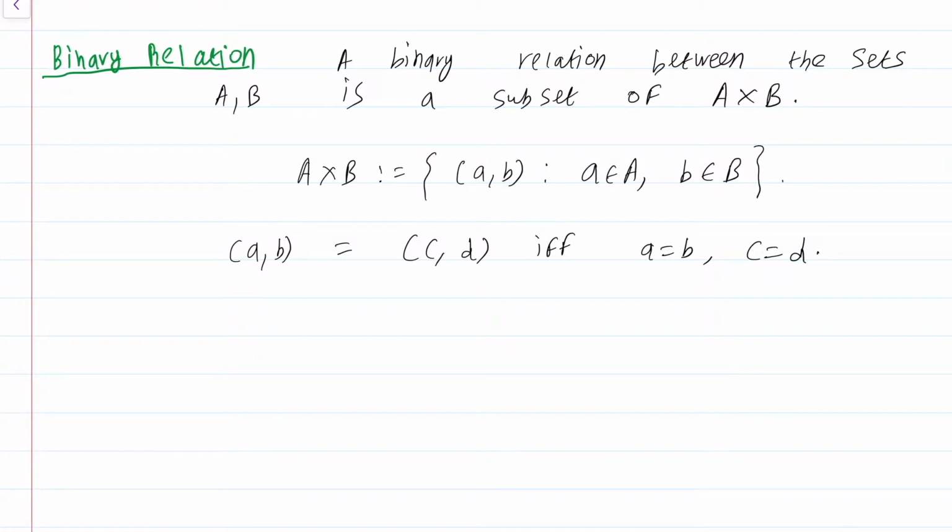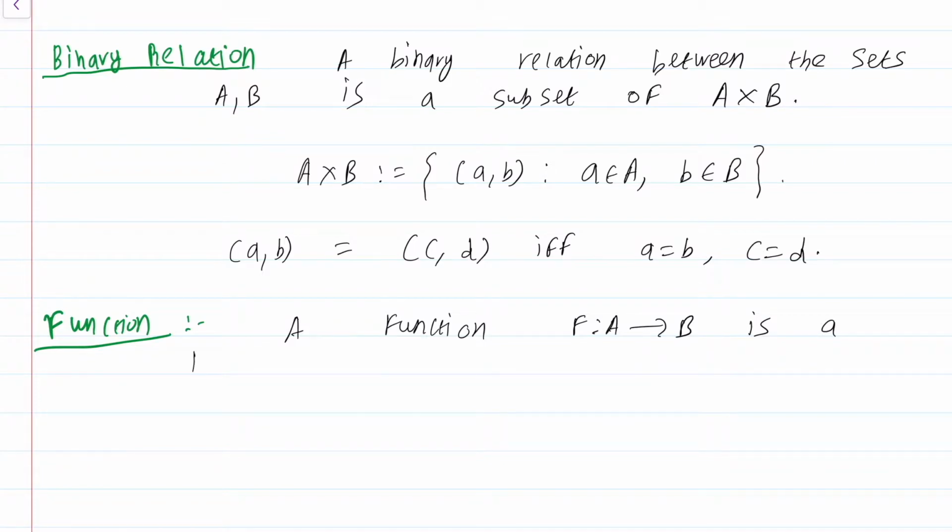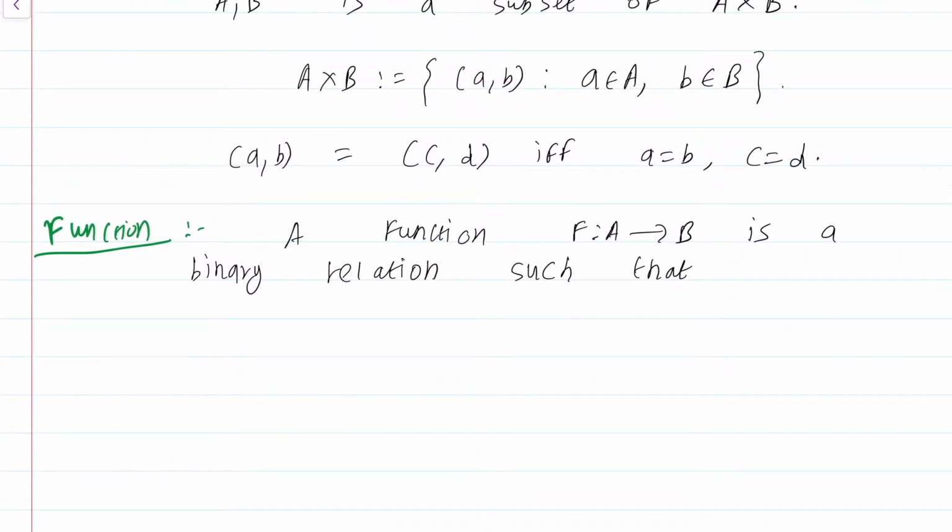What is a function? Well, a function f from A to B is a binary relation such that, so let's call this binary relation R. So here also I will write R subset of A cross B. Binary relation, remember, is also going to be a set.